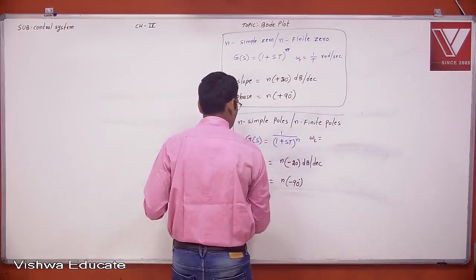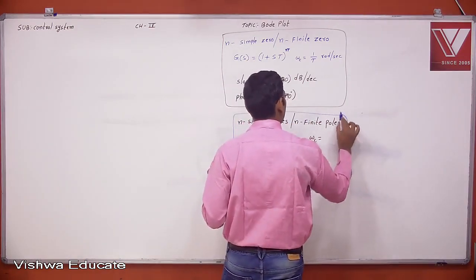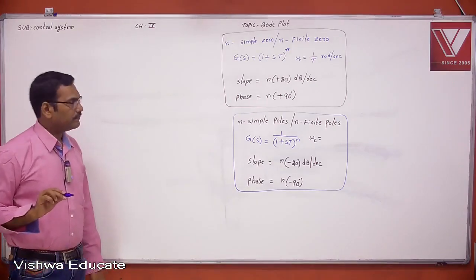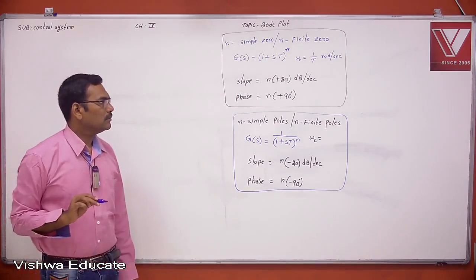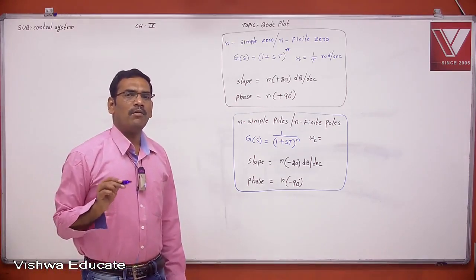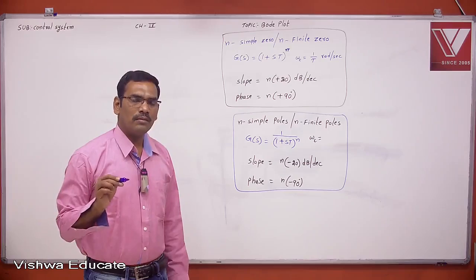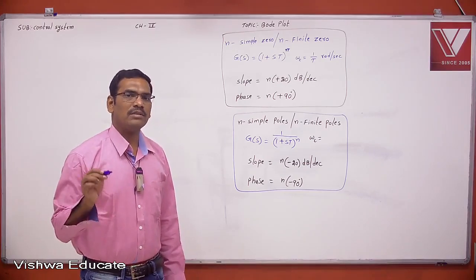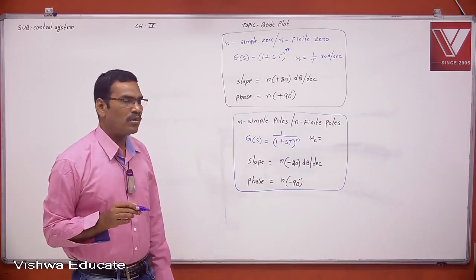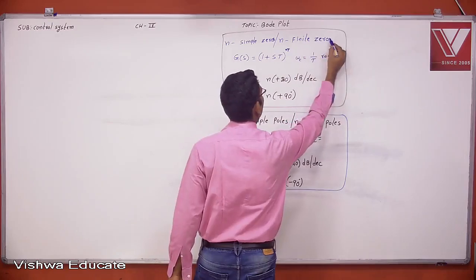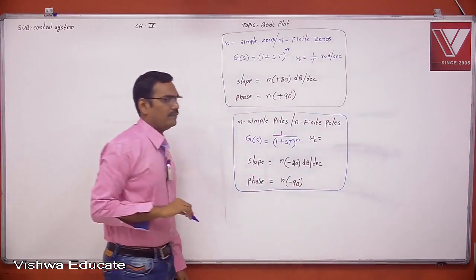Now this is n simple zeros or n finite zeros. Clear or not? Then you can easily understand the slope and the phase for zeros, poles, zeros at origin, poles at origin, simple zeros, finite zeros, simple poles, finite poles. Then you can easily draw the Bode plot.